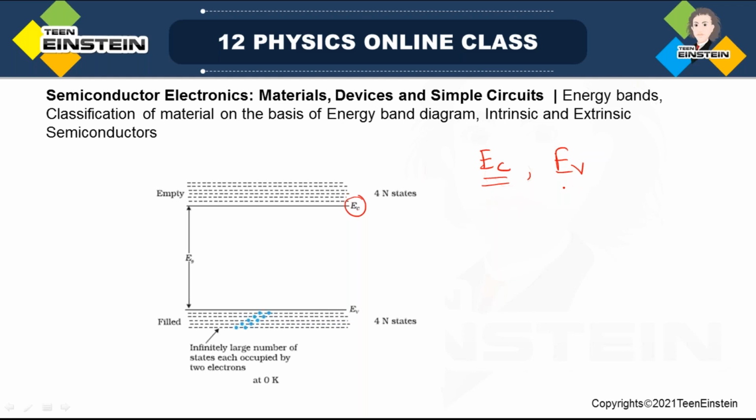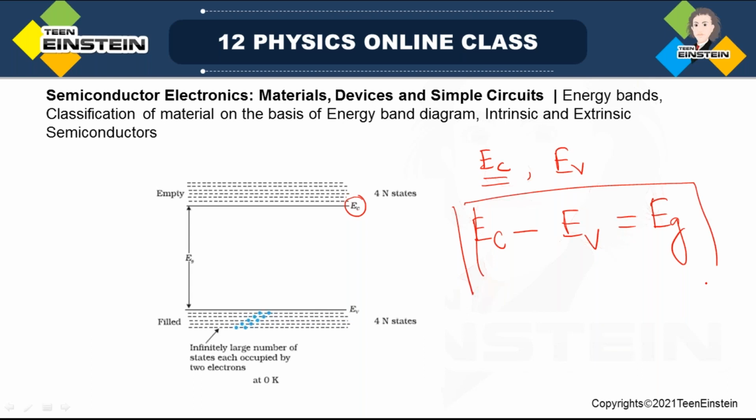EV for the highest level of the valence band, and EC for the lowest level of the conduction band. Now, whenever we calculate the band gap, we just take the difference between these two, EC minus EV. This gives you the energy band gap, generally denoted by EG.